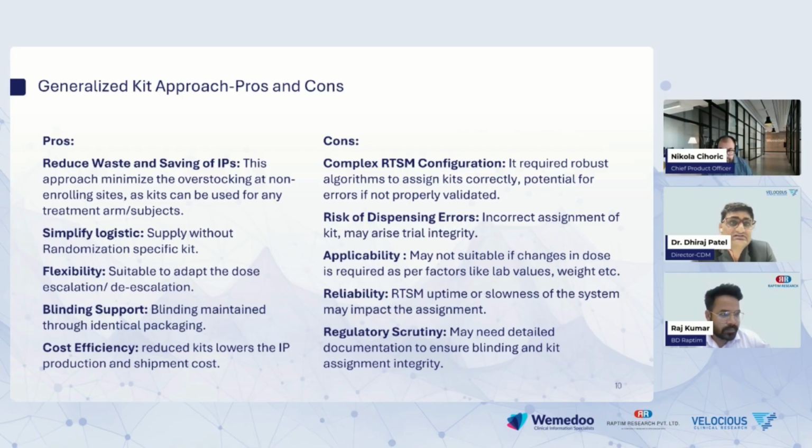Or if one is changed or required to change, the system should reassign the next available kit according to the randomization or the dose preference. That will always be a practical issue, as the site may make mistakes in data entry, but our system should be flexible to reassign the kit.